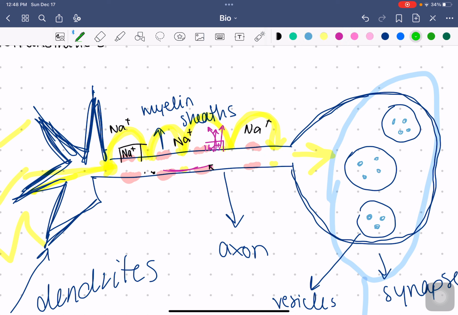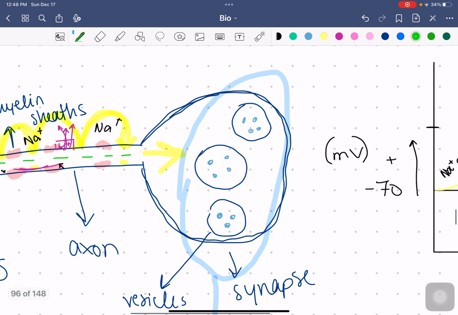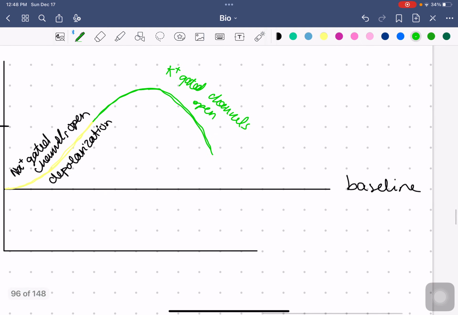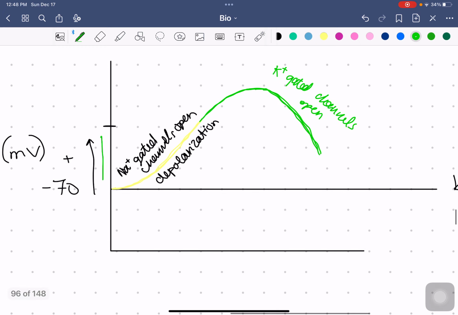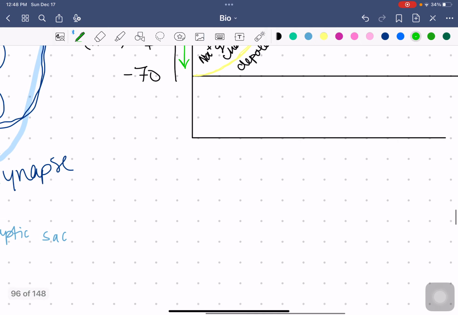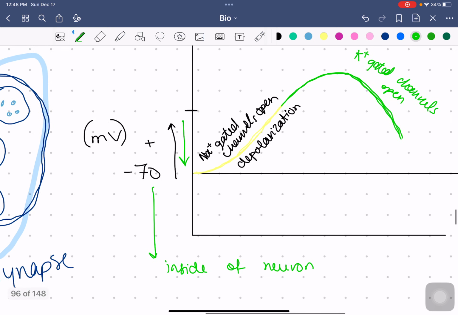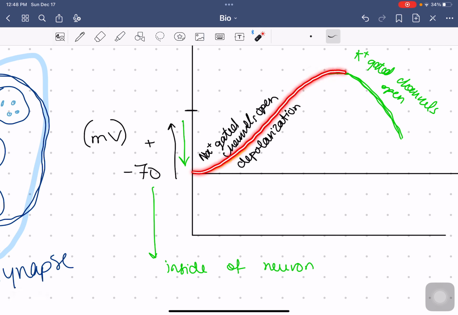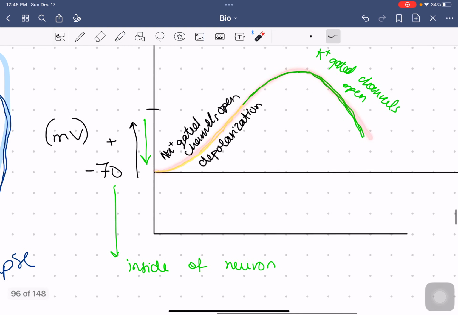Not really negative, but less positive, which we also see because the graph is going down. This refers to inside of the neuron. First we have more sodium, so we're getting more positive. Then we have less potassium, so we're getting less positive.